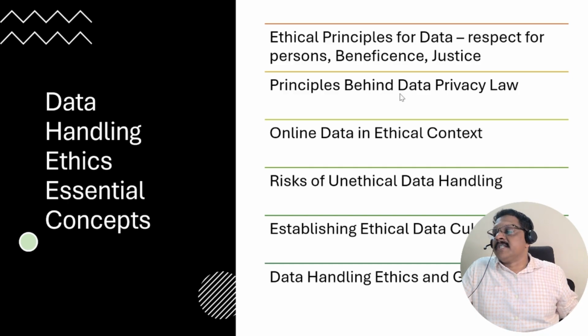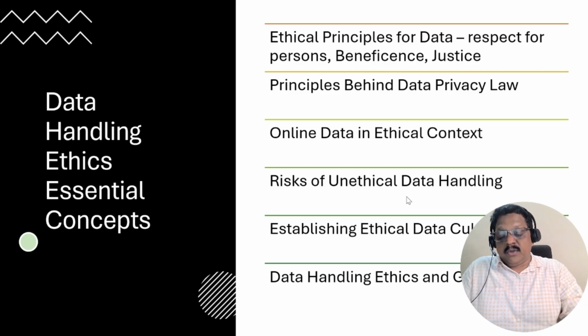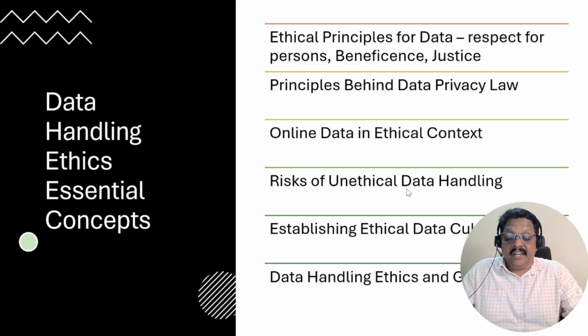Then we have another concept called risk of unethical data handling. There are a lot of risks related to unethical data handling. The classic book "How to Lie with Statistics" by Darrell Huff, 1954, describes a range of ways that data can be used to misrepresent fact while creating a veneer of factuality.